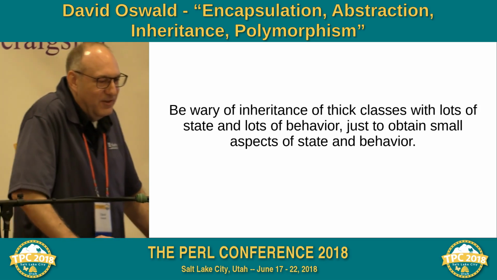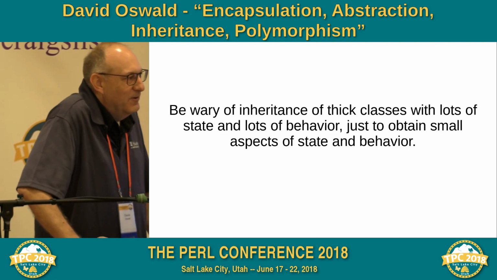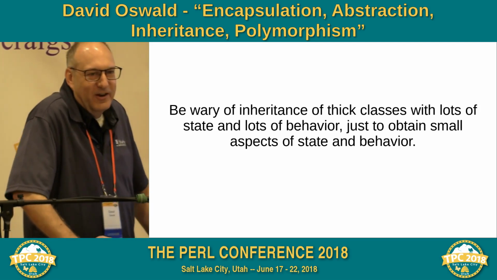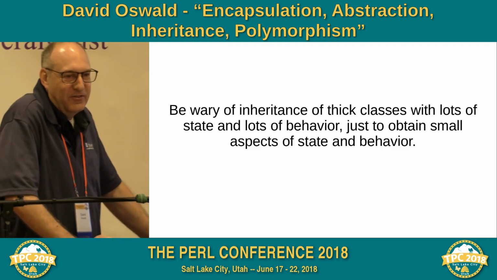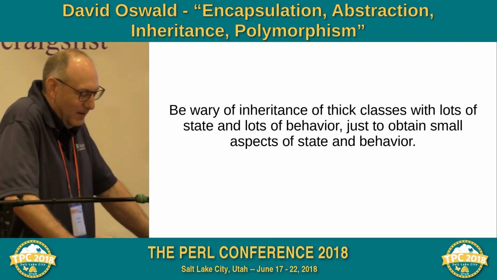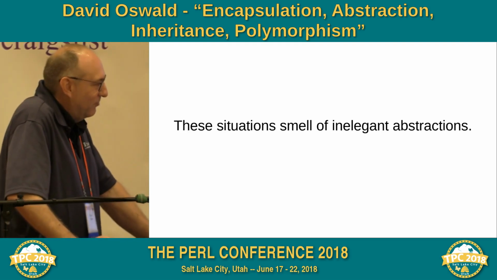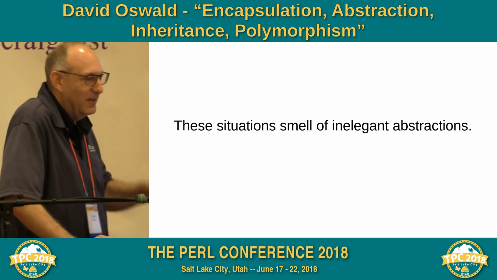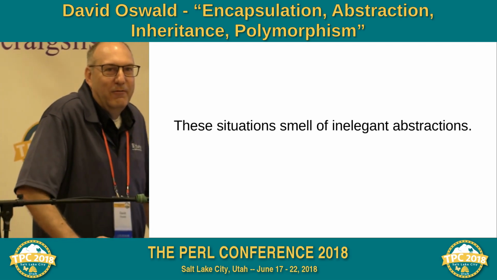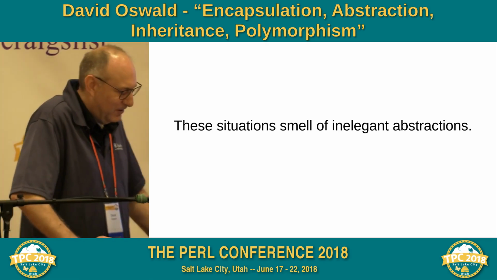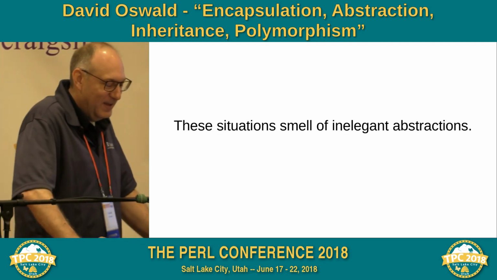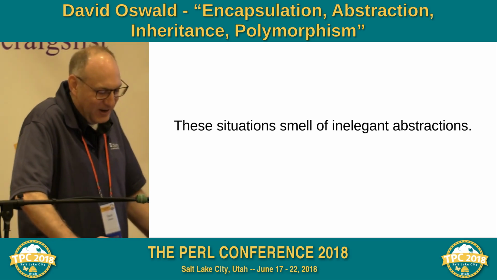We should do our best at any point in time as we're dealing with complicated classes to try to simplify the interface that the consumers of our classes are using. Because any situation where you're having to say if the type is this, or where you have to dig through multiple layers in documentation to find where an attribute comes from, that's code smell, and that's inelegant creation of abstractions.